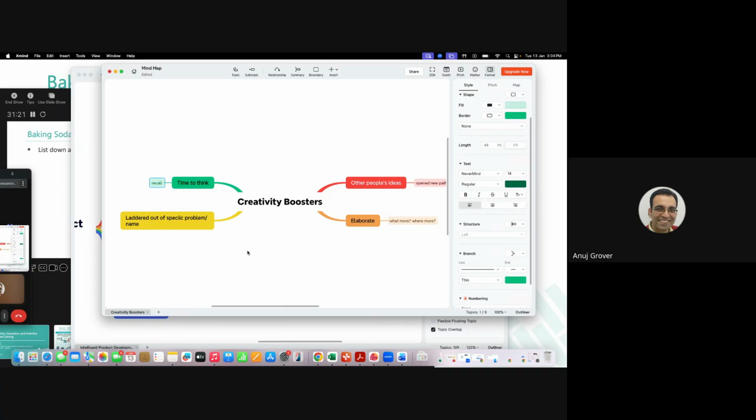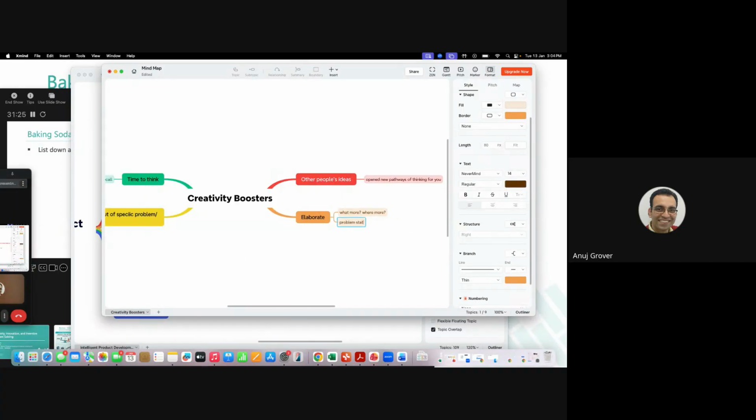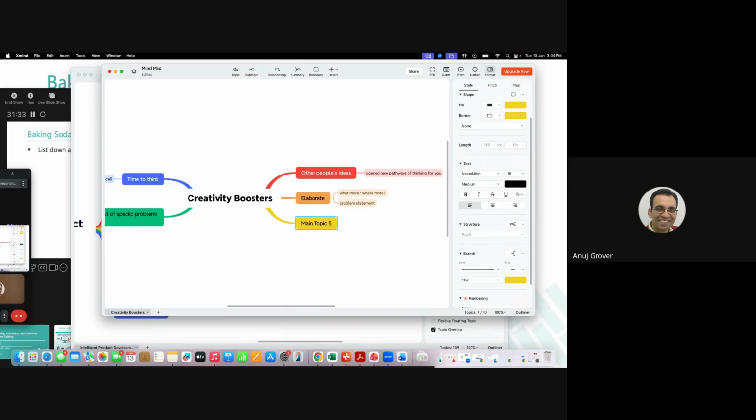Elaborated problem statement also more. Okay. What else? This we can call thinking out of the box. Okay. What else?